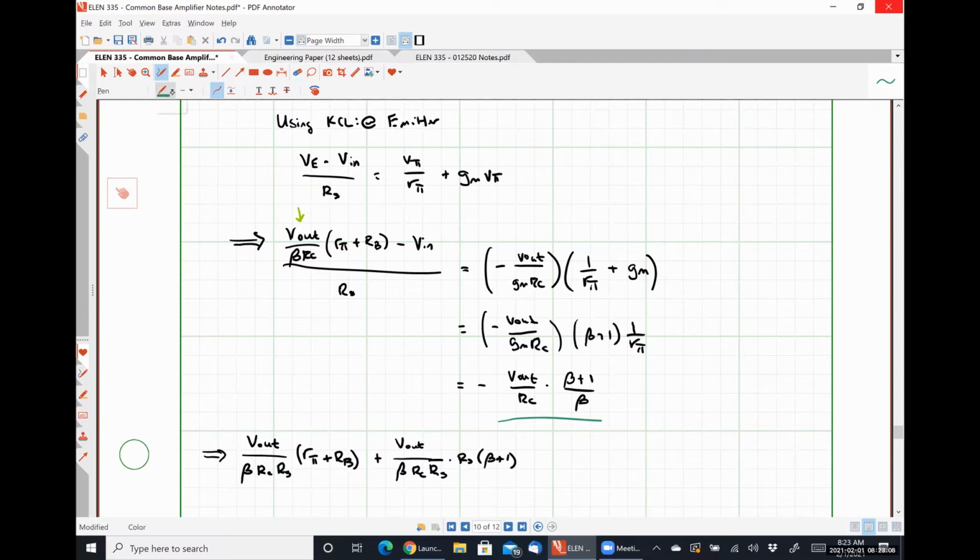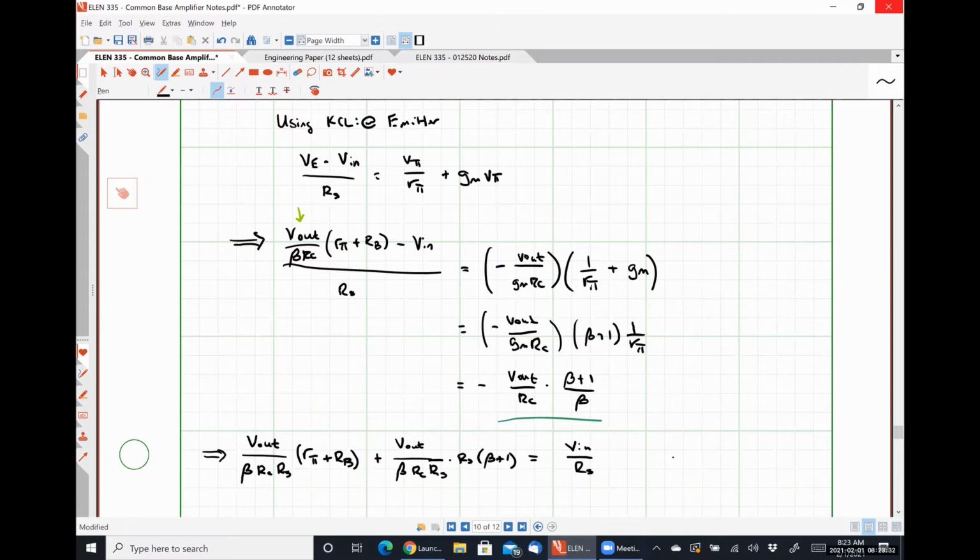Just to be clear, this will be equal to Vn over RS. And so I can now see that there is a common factor of RS on every term on the left-hand side of the equation and every term on the right-hand side of the equation, which means I can just throw that guy away.